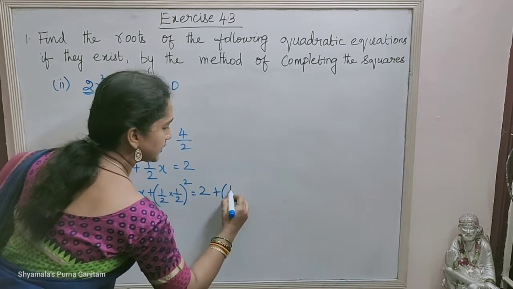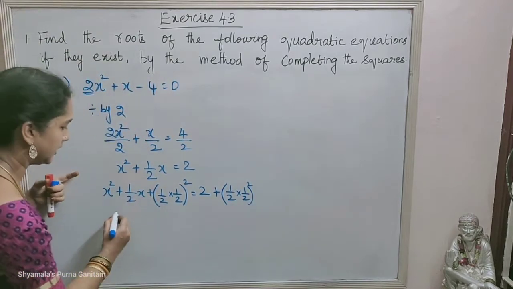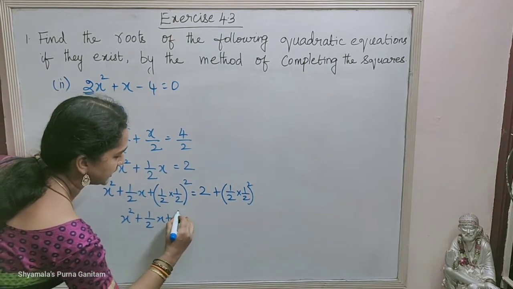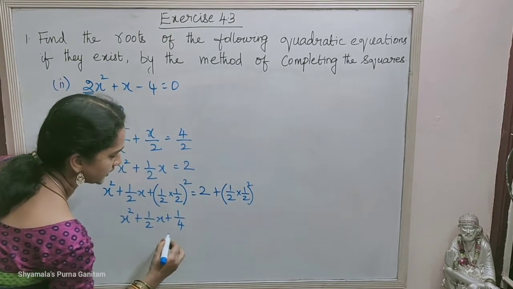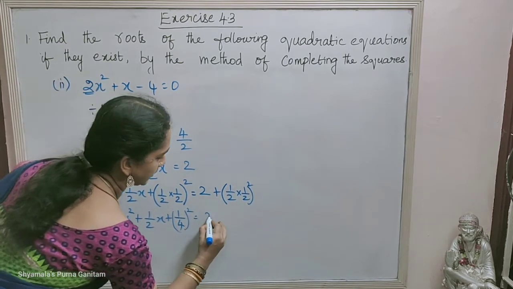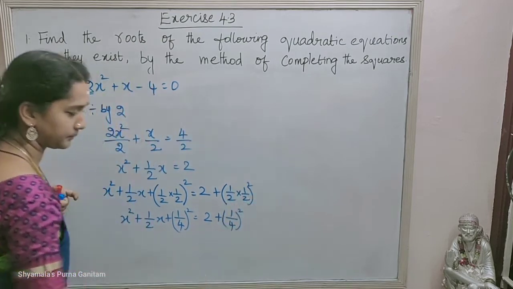So x squared plus 1 by 2 x plus 1 by 4 the whole square, 2 fours are 8, so 1 by 4 the whole square. Wait, half of 1 by 2 is 1 by 4, and this is equal to 2 plus 1 by 4 the whole square.